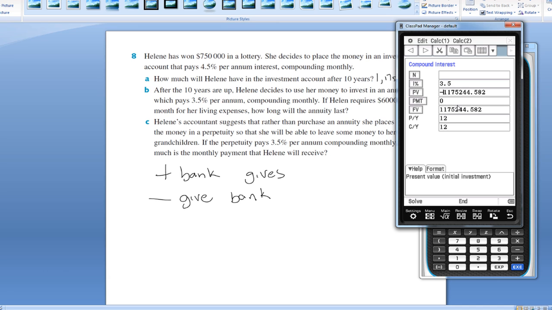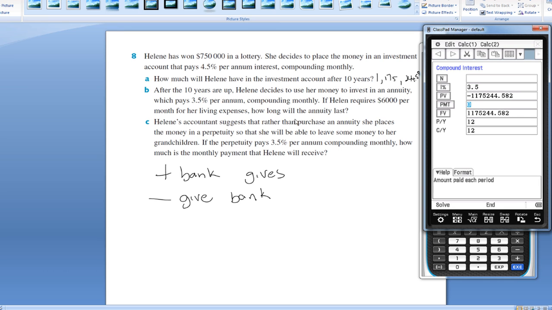That's right. Okay, now we need to put something down as a payment, because she is taking out $6,000 per month for living expenses. So we're going to write this as 6,000.